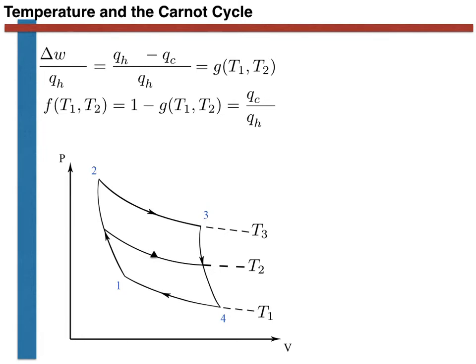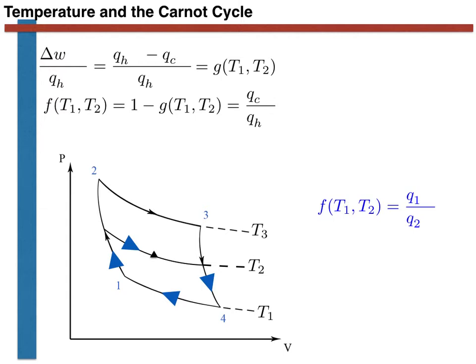Let's now consider the value of this function f of T1, T2 for three different engines. As shown in the figure in the bottom left-hand corner of the slide, the first of these engines operates between a lower temperature T1 and a higher temperature T2.